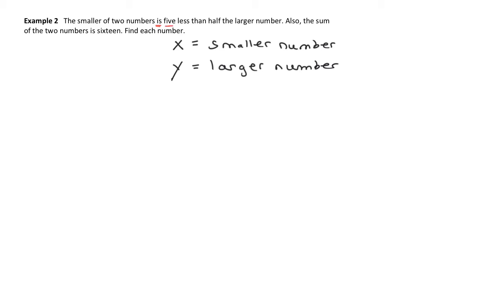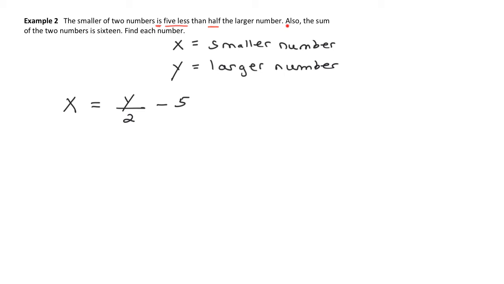I have this 5 less than half, so I'm subtracting 5 and I'm dividing by 2. So the smaller number, x, is 5 less than half the larger number. Half the larger number is y divided by 2, and 5 less means subtract 5 from it. Great. This equation is the same thing as the first sentence.